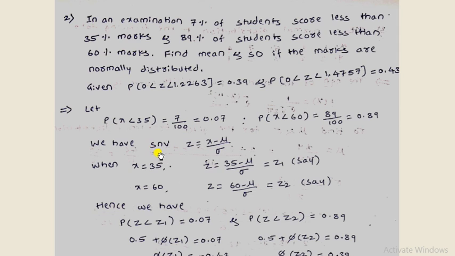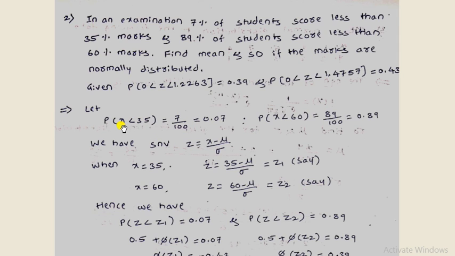So again use the standard normal variate formula, X minus mu divided by sigma. When X is equal to 35, substitute X equal to 35 in this formula: 35 minus mu divided by sigma, which is denoted as Z1. Then substitute X equal to 60: 60 minus mu divided by sigma, denoted as Z2.